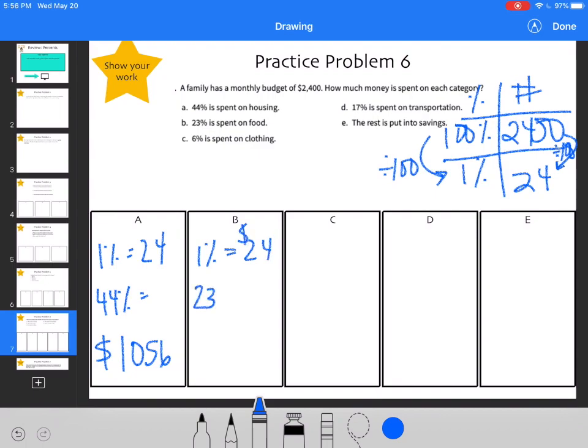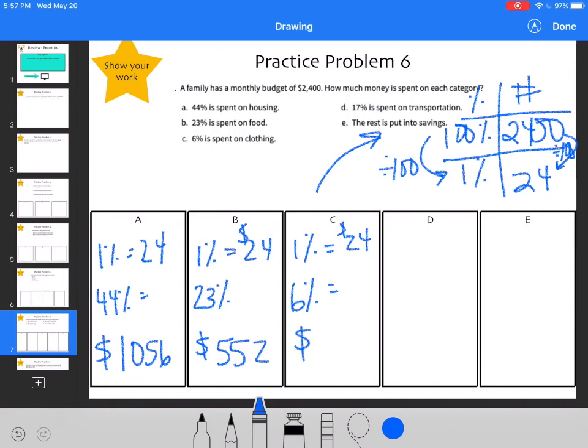So then 1% again is $24. So 23%, I'm going to multiply 24 times 23, and I get $552. 1% is still $24 because I keep referring back to this budget up here. So that'd be 6%. So 24 times 6 gives me $144. Then I have 1% equals $24 and 17%.